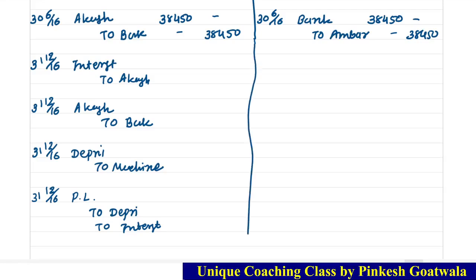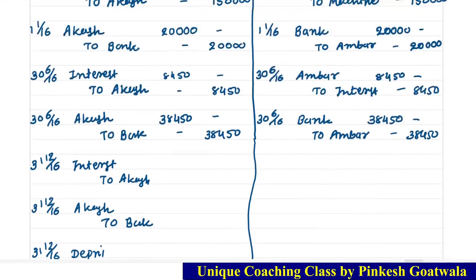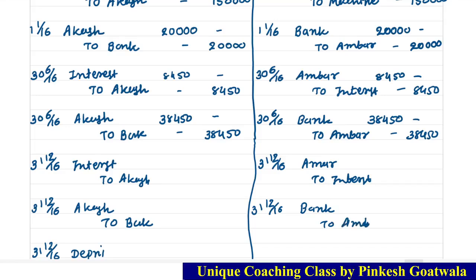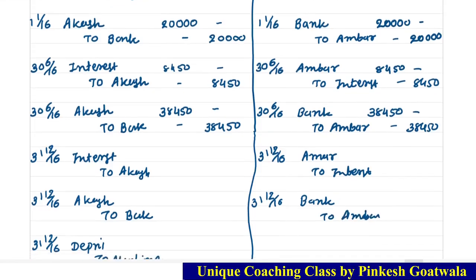How many journals are done in which year? So this way the journals will be for 31st December 16. Here interest income, so number 2 interest. Here we pay the installment, bank to number.